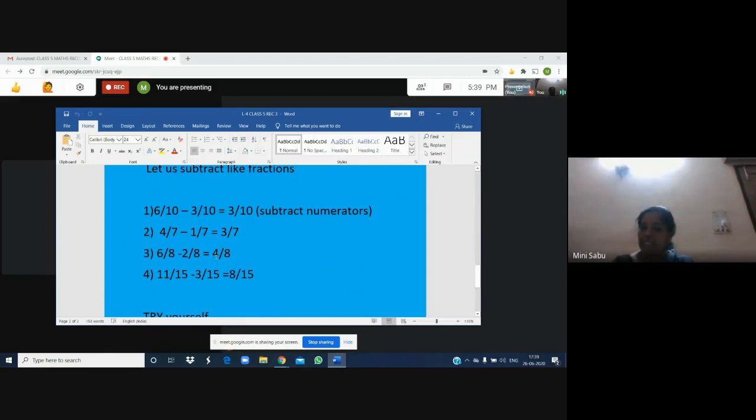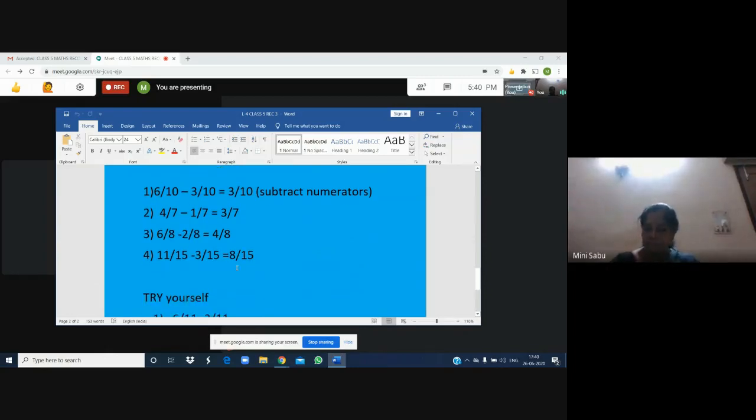So the fraction is 4 upon 8. Then another question. 11 upon 15 minus 3 upon 15 is equal to, we have to subtract the numerators. 11 minus 3. What is that? 8. Denominator is 15. So the answer is 8 by 15.